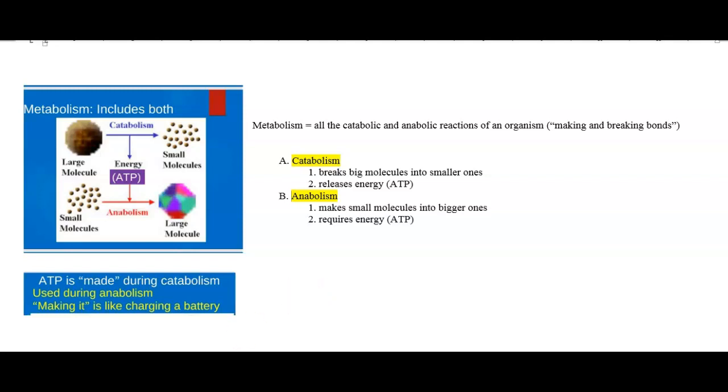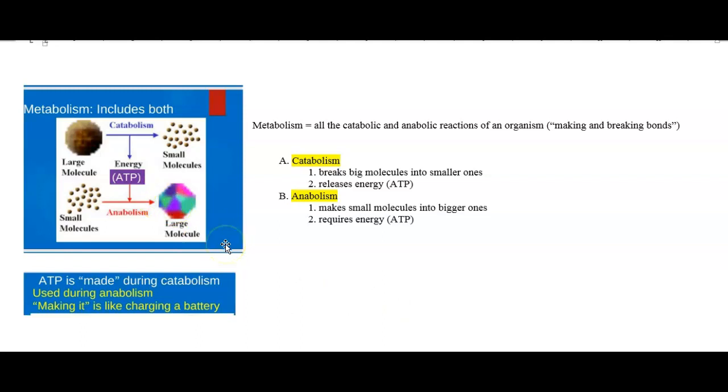So catabolism, big molecules into smaller ones. Breaking bonds, so releasing ATP. That ATP is going to be used in anabolism, small molecules being built into bigger molecules. So let's relate that to reduction and oxidation.